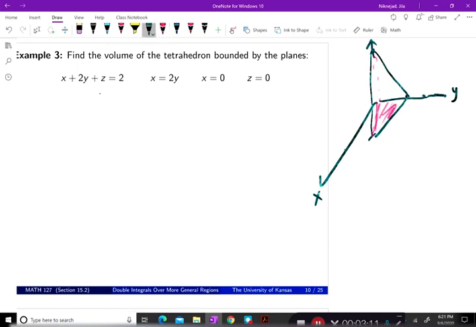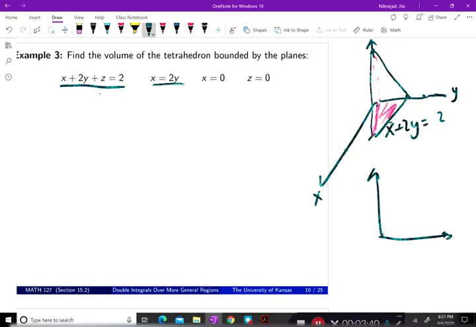So let's draw that region of integration in the xy axes. And what is that region? How did we find this line? By setting z equal to 0, right? And so this is x plus 2y equal to 2 by setting z equal to 0 in there. And that's how we found these 2 points also. This line was obviously x equal to 2y.